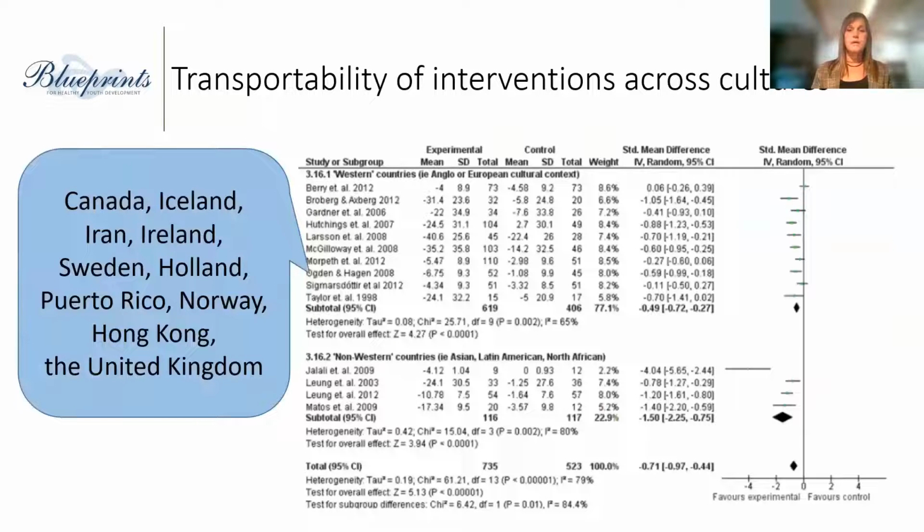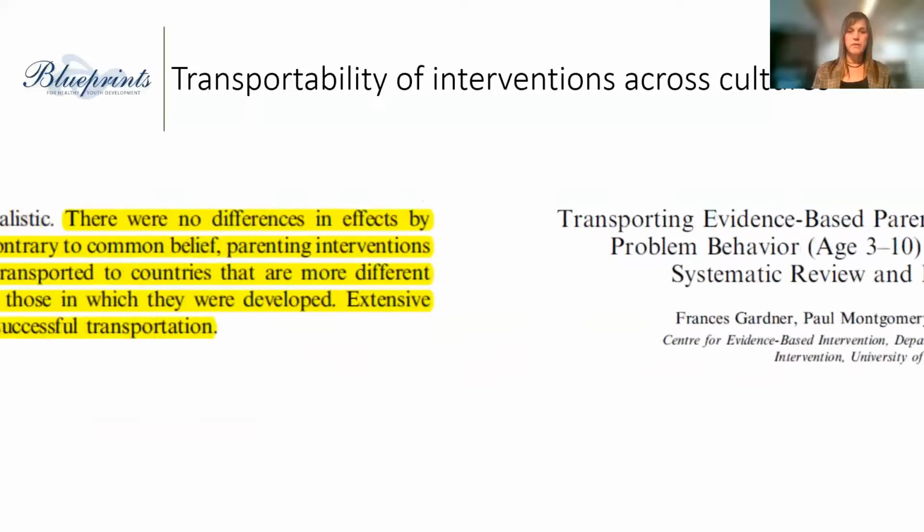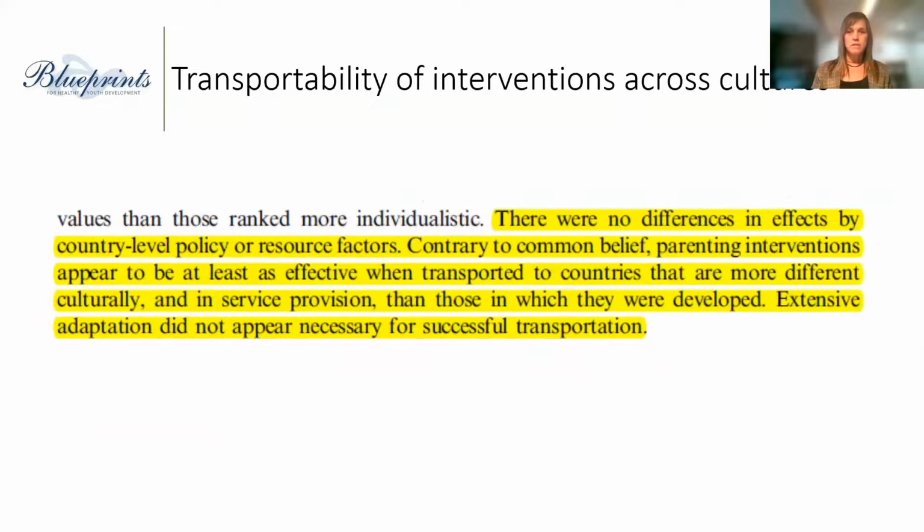And what Gardner and colleagues found is these interventions had been implemented in multiple countries: Canada, Iceland, Iran, Ireland, Sweden, Holland, Puerto Rico, Norway, Hong Kong, the United Kingdom, very different countries, and found there really were no differences in outcomes. Gardner and colleagues concluded that there were no differences in effects by country-level policy or resource factors.